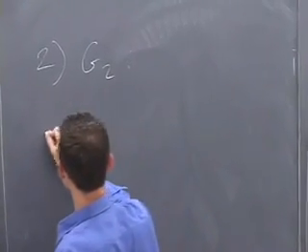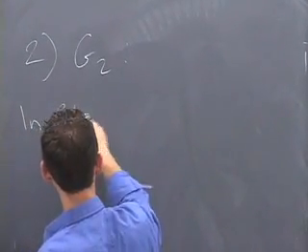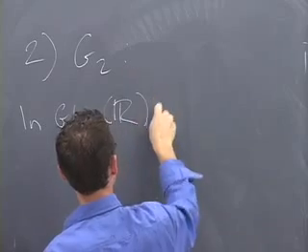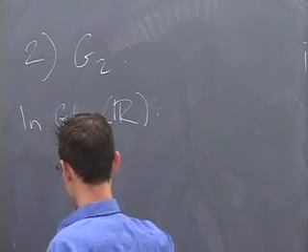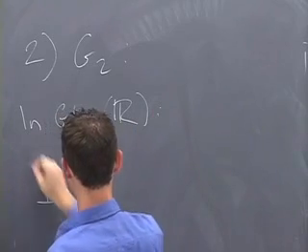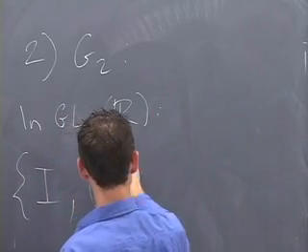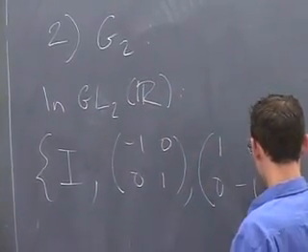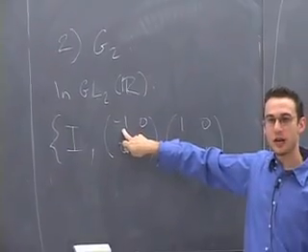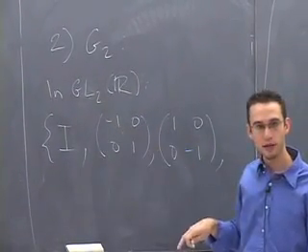I could just write it as the set of matrices. So in GL2R, say, I could just write it as the set of matrices, well, identity matrix. Where I just change the entries here to minus 1s.